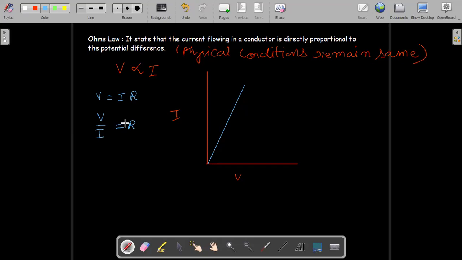R is resistance, which we also call the constant of proportionality.